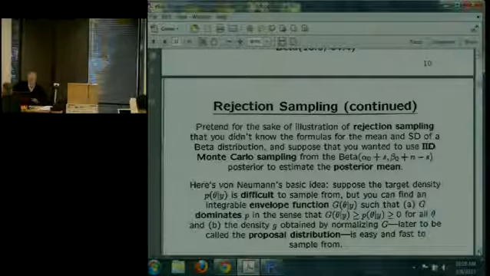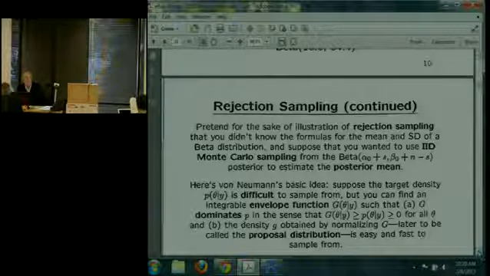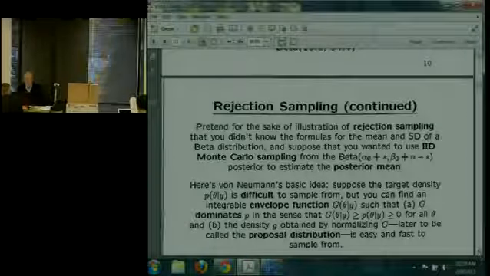Now, I'm going to call this new thing an envelope function, capital G. And capital G does not have to be a density, but it needs to be something that could be normalized to become a density. So think of it as just an unnormalized density function.